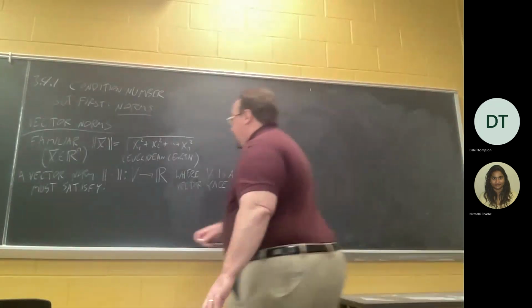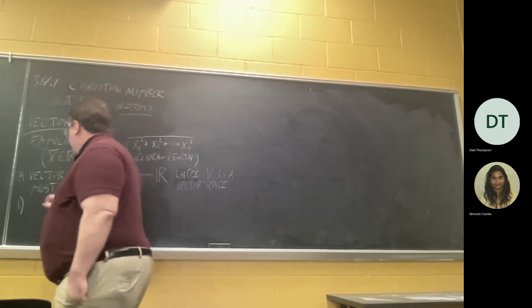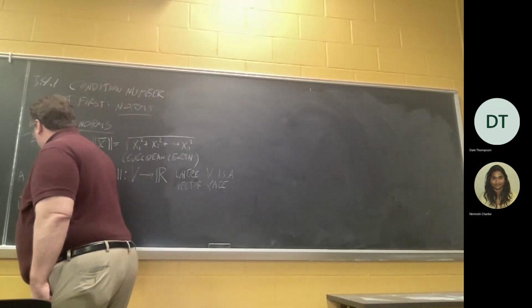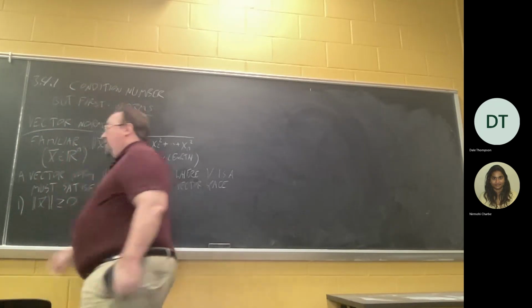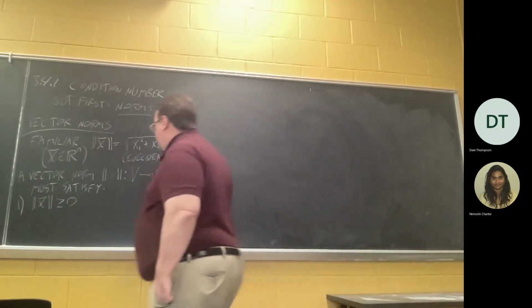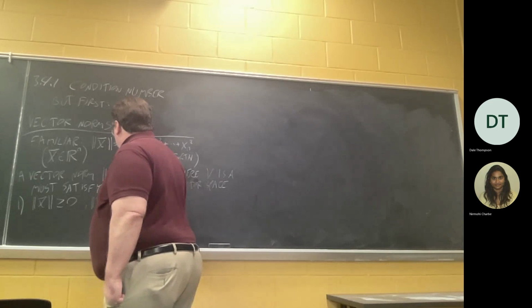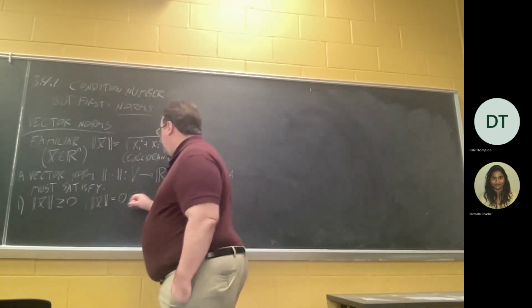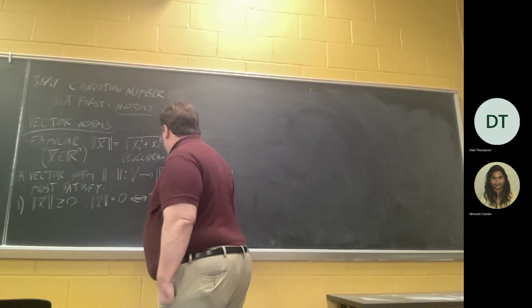First, for any vector in your space, the norm cannot be negative. In fact, it is strictly positive unless the vector in question is 0. So the norm is equal to 0 if and only if vector x itself is 0.